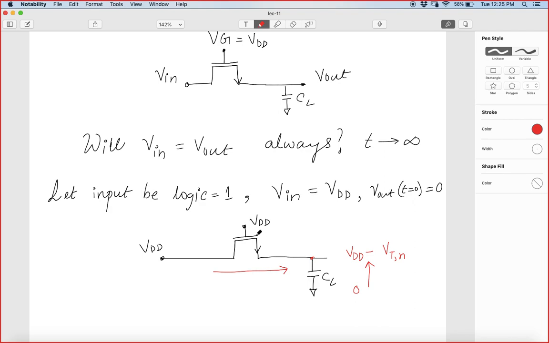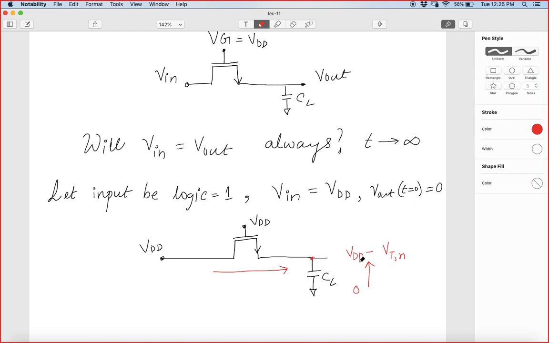If the VGS drop becomes less than VTN, then the MOSFET will be in cutoff region, in off state, and there will be no current flowing.